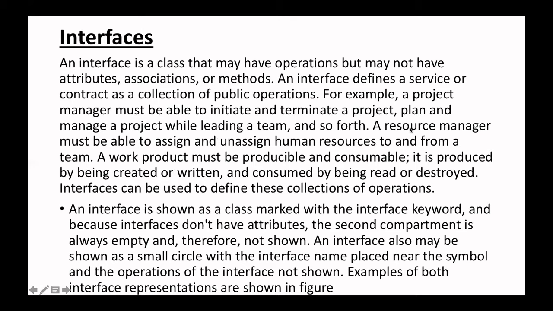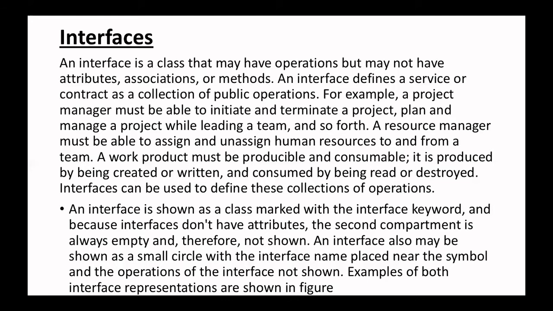A resource manager must be able to assign and unassign human resources to and from a team. These are two different workers' roles. The first is the project manager and the second is the resource manager. The project manager initiates and terminates project plans and many other things within their boundaries while leading a project.